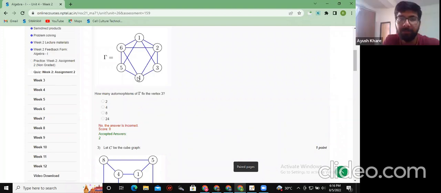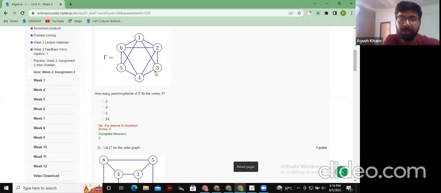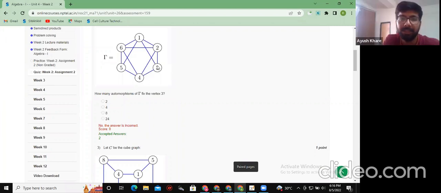So wherever you map 4, there should be an edge from 3 to that point. So 3 has edges with 4, 1, and 2, right? The adjacent vertices for 3 are 4, because 3 and 4 have an edge, 1, because 1 and 3 have an edge, and 2, because 2 and 3 also have an edge.